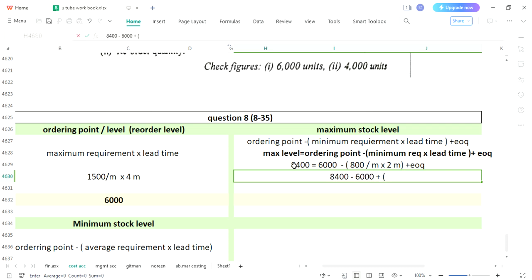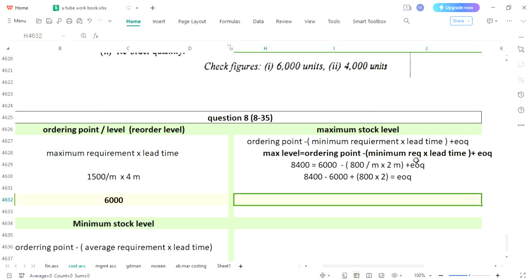In the bracket we have 800 multiplied by 2, 1600. The answer is possible, but right now we are not doing that. So on the right side of the equal sign, we are not taking economic order quantity, it will remain at its place. So guys, our statement has been completed.